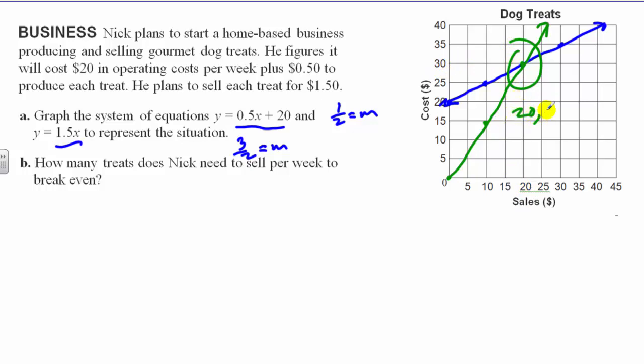So at 20, 30. 20 being the number of treats, and the dollars made.